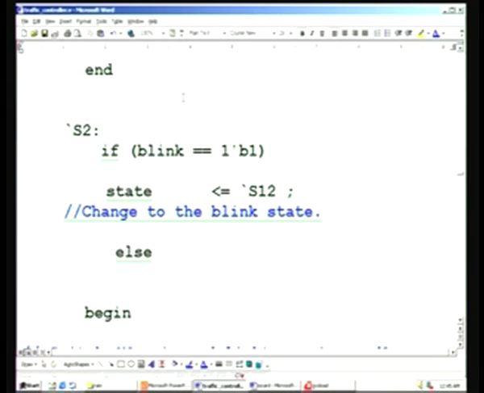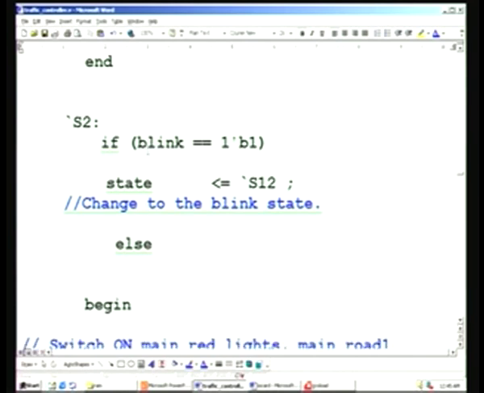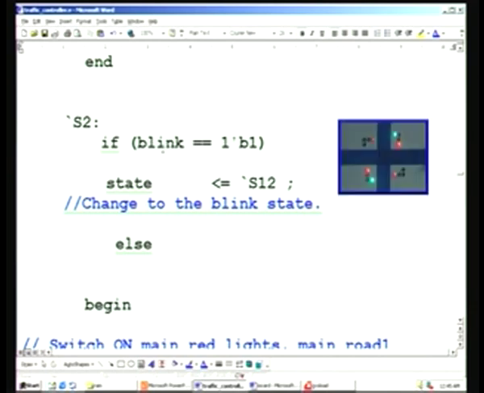That was for two sequences S0 and S1, and this is S2 sequence, and once again blink control is taken into account. If blink is 1, then naturally it will go to the last state, S12 state, which happens to be the blink state, and this is what we have already encountered earlier also in the other two sequences.